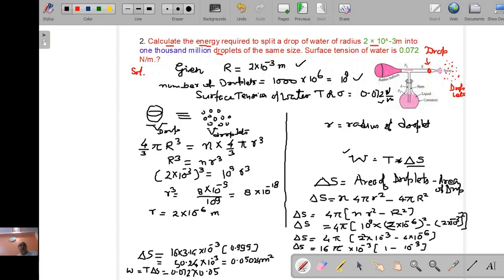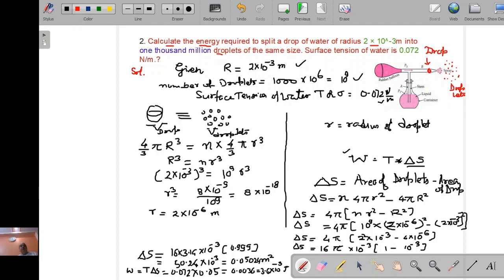It comes out 0.0036, that is 3.6 into 10 to the power minus 3 joule.